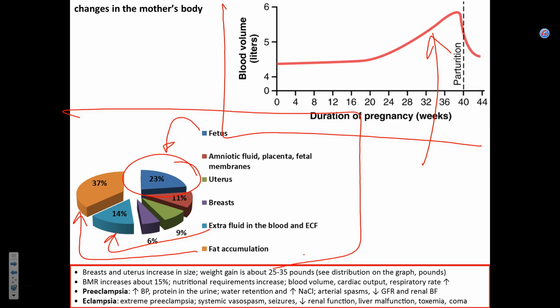Now, not only this, BMR increases, which makes perfect sense because the woman has to produce nutrients for the developing fetus. Nutritional requirements increase and sometimes change. And what's important, blood volume increases and cardiac output increases.